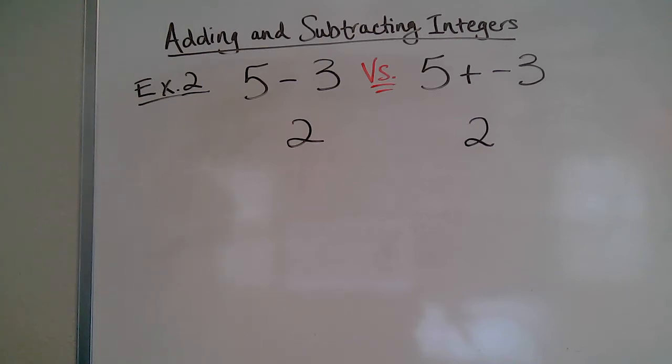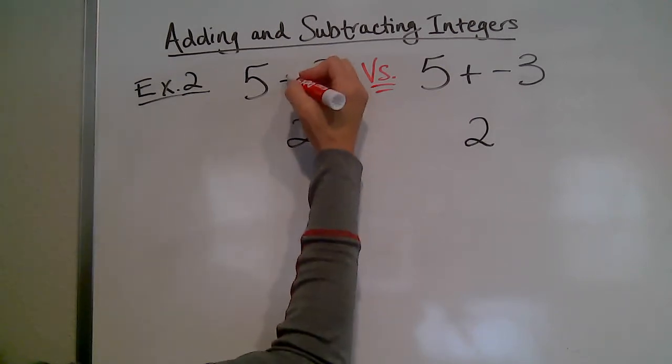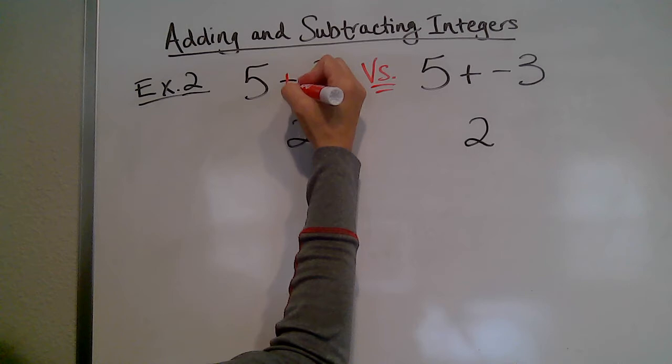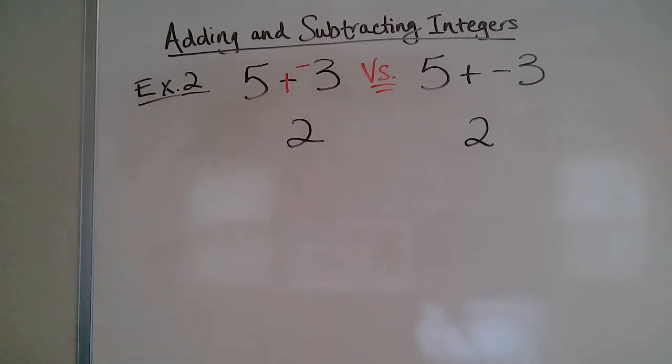And if you take a look at the first one, you can see that if we take this subtraction sign and we say, okay, well, instead of subtracting, I want to add. And if I'm adding and I want the result to be 2, I need to make sure that I represent the idea that I'm actually adding a negative.